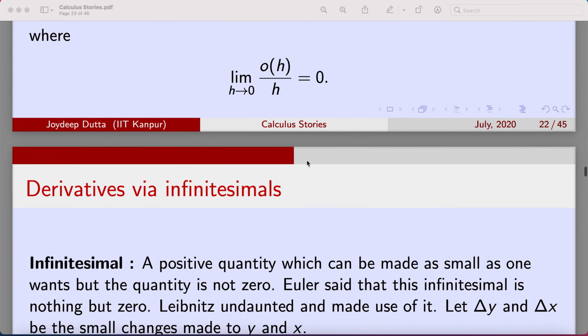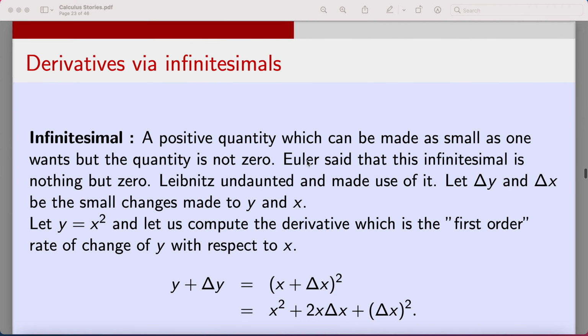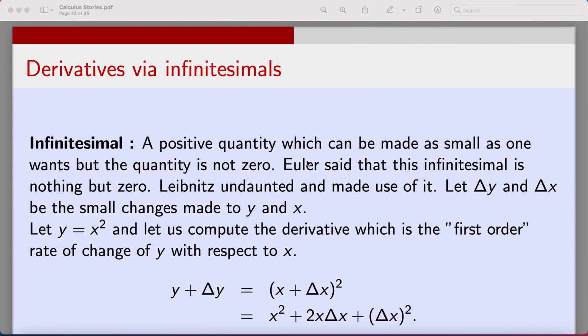And many of you might not even have heard the word infinitesimal. This infinitesimal is a very interesting word. Initially, calculus was called the infinitesimal calculus. That is, doing calculations with very minute quantities. What kind of a minute quantity?